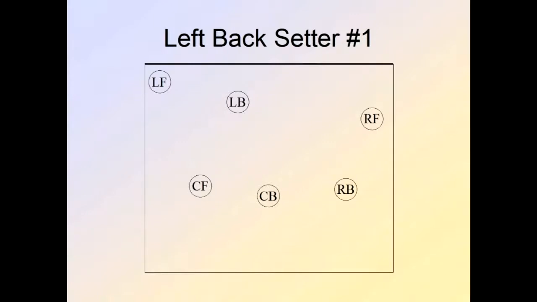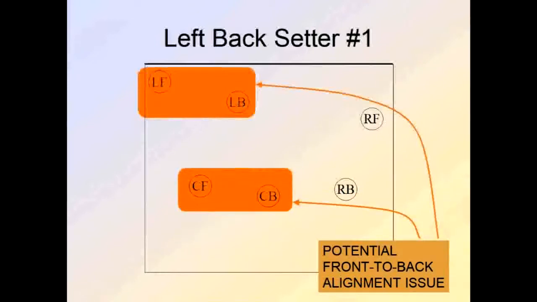In this case, the setter has now moved to the left back position and has rotated and pushed the left front player towards the left side boundary closest to the net. She is standing towards the middle of the court and must be aware that she must be to the left of this center back position, so there's no front to back alignment issue with the left back player and the center back player.